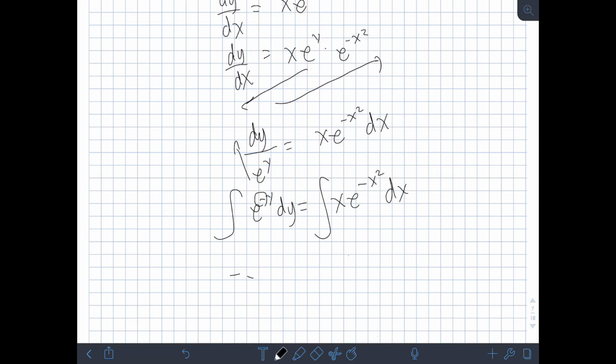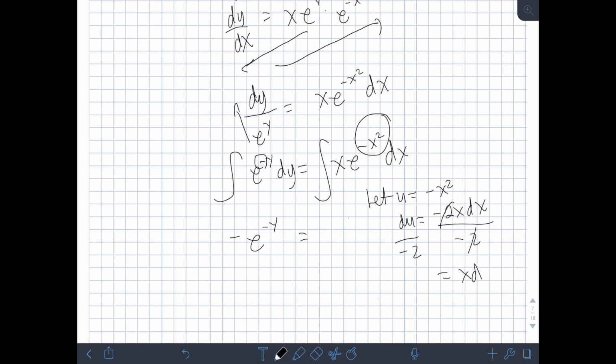So, we have negative e raised to negative y equals, ito yung substitution. Let u be equal to negative x squared. Then, du is equal to negative 2x dx. Divide both sides by negative 2. We have x dx is du over negative 2.